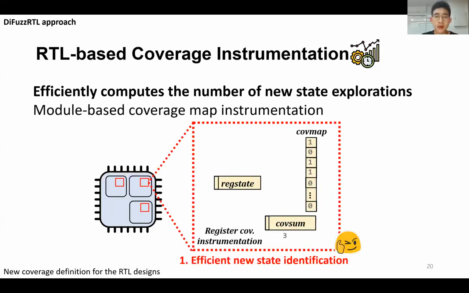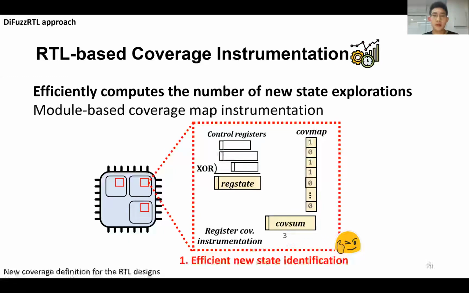As I mentioned, leg state monitors all the control registers and cov map remembers all the explored states. Then we summarize the number of new state explorations into the cov sum register. We instrument all the control registers so that their values are hashed into the leg state every cycle. Thus, leg state represents the finite state.